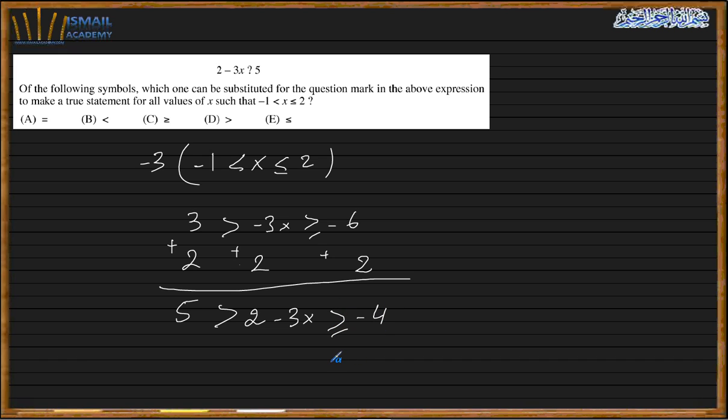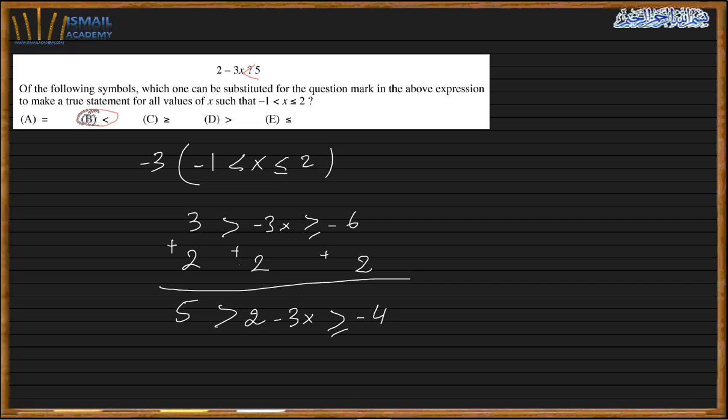So we have 5 is greater than 2 minus 3x. So be careful here to choose. I need to have a sign like this, you see. Because I did it this way, don't choose that one because it makes no sense. It should be this way, 5 greater, so the sign should be that sign.